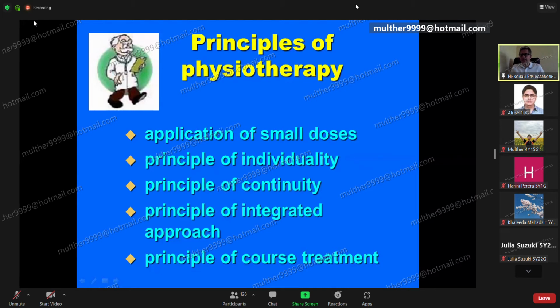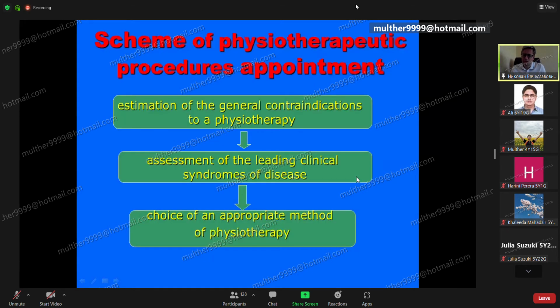A course is 10 or 12 times. Of course, it depends on individual sensitivity of the patient. It depends on effectiveness. It depends on presence or absence of possible negative reactions to this factor.